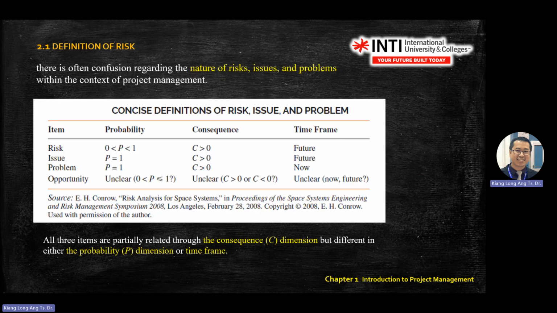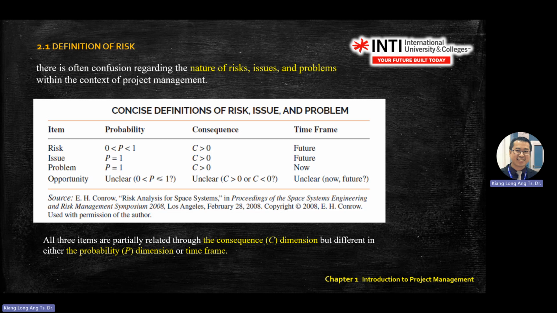Okay. So this is another table to talk about risk, issue, and problems. There's a definition of risk, issue, and problem using the function of probability and consequences, these two, to define risk, issue, problems, and opportunity. This is the time frame. Just now we defined risk, right?